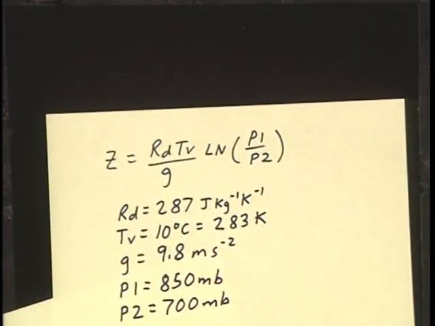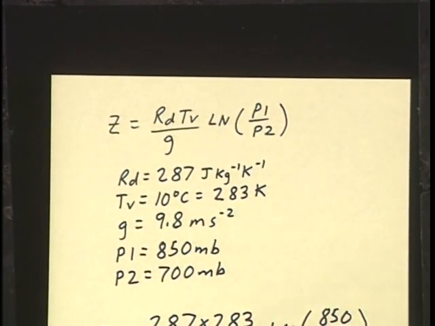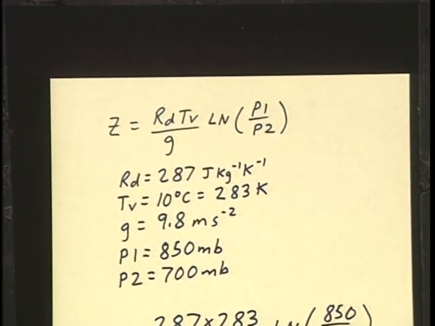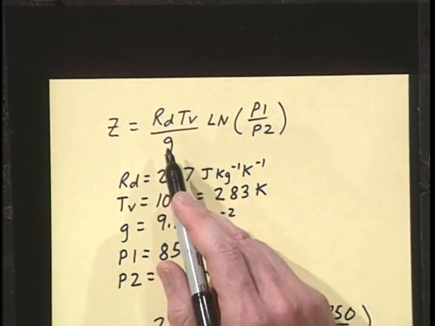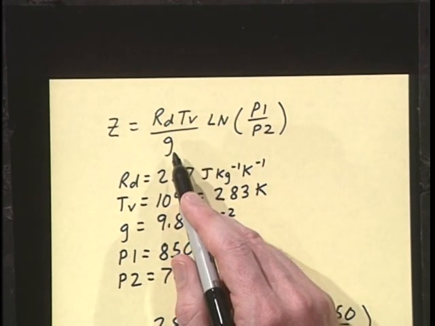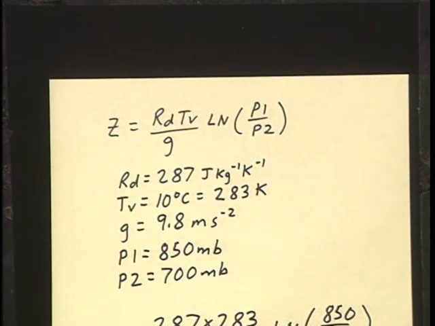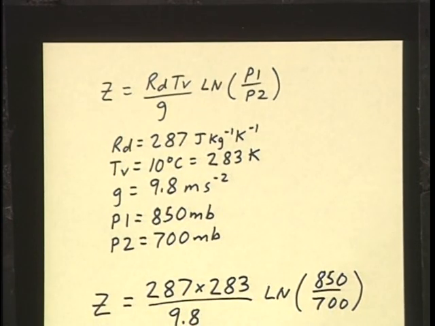And our last question dealt with finding the thickness value. So the equation that we need is thickness is R_D over G times T_V times the natural log of P1 over P2. Our P1 and P2 terms are 850 and 700.